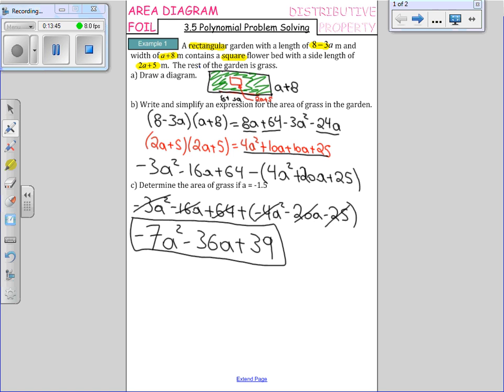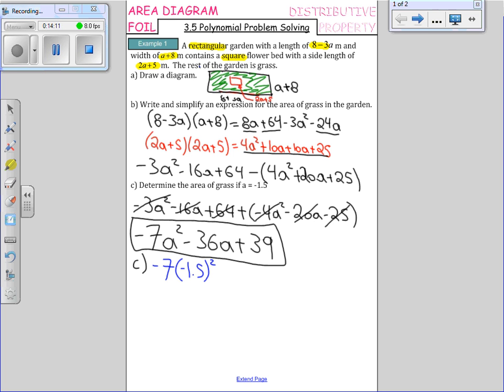So to answer part C, you have negative 7, and you use brackets to sub in your numbers like that. So to sub in your negative 1.5, you put it in brackets. And that matters because when you're squaring negatives, you need to make sure it's in a bracket. Otherwise, you're going to get the wrong answer.